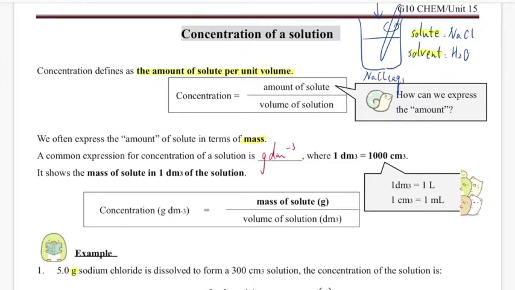That means in 1 dm³, how many grams of solute we have added. Usually in this unit, the volume would not be given directly in dm³, so you need to do unit conversion. There are some common units that you need to be familiar with.